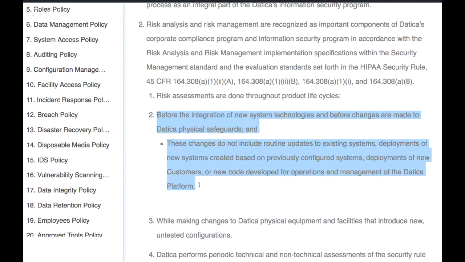These changes do not include routine updates to existing systems, deployments of new systems created based on previously configured systems, deployments of new customers, or new code developed for operations and management of the Datica platform.